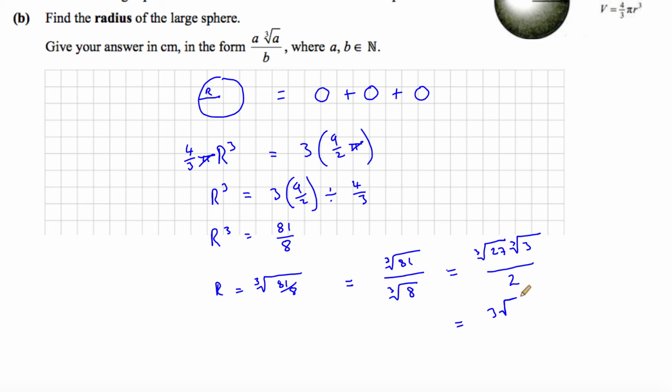So it becomes 3 by the cube root of 3 all over 2. And now it's in the form that we were asked to put it into, because we've got a being the number 3 and b being the number 2, and 2 and 3 are part of the set of natural numbers. So that's the end of part B and the end of the question.